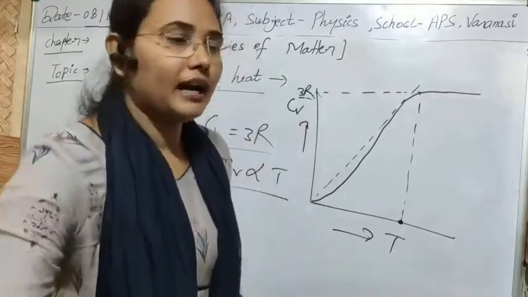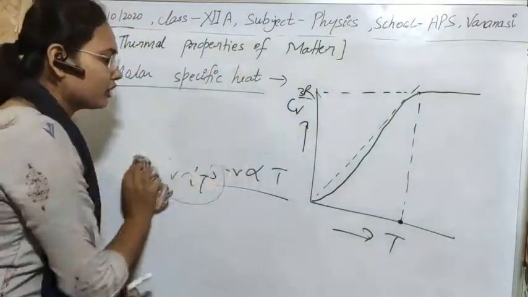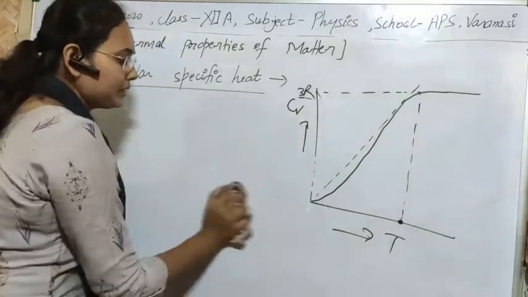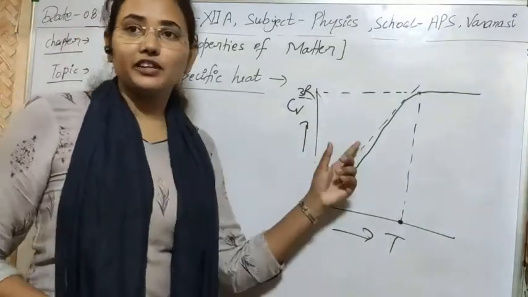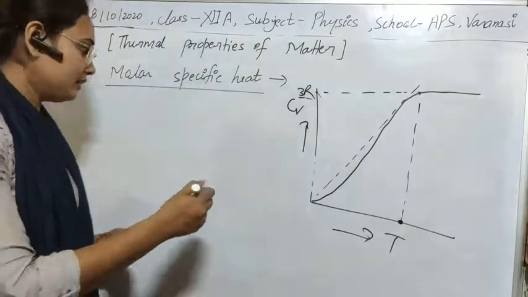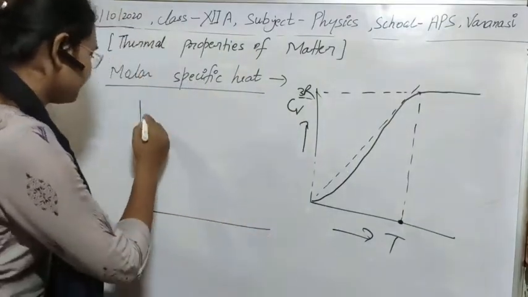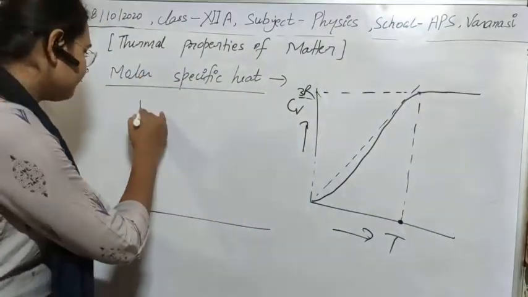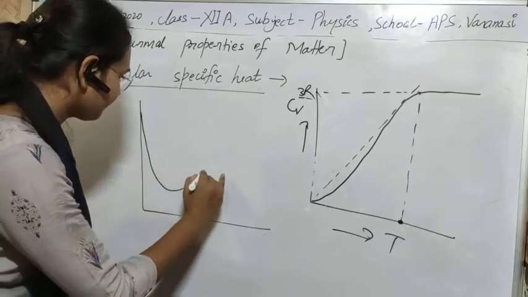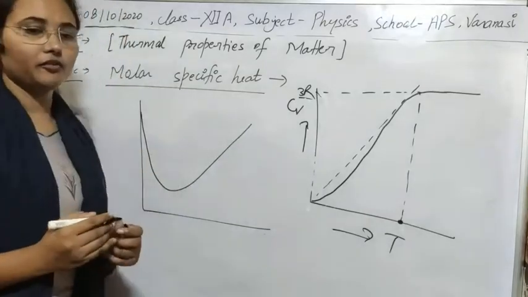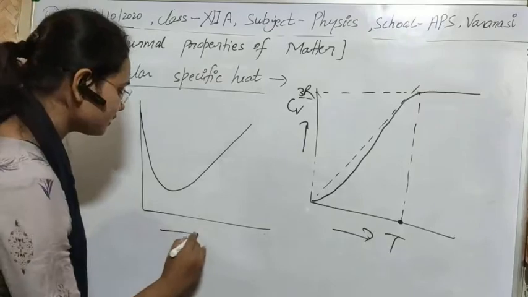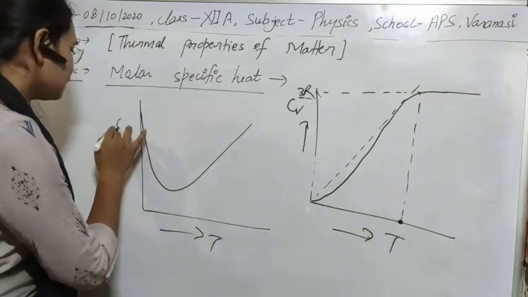It is also observed that the molar specific heat of water varies with temperature, but the variation is different from solids. The curve for that is something like this. This is the curve for water, where this is temperature and this is specific heat.